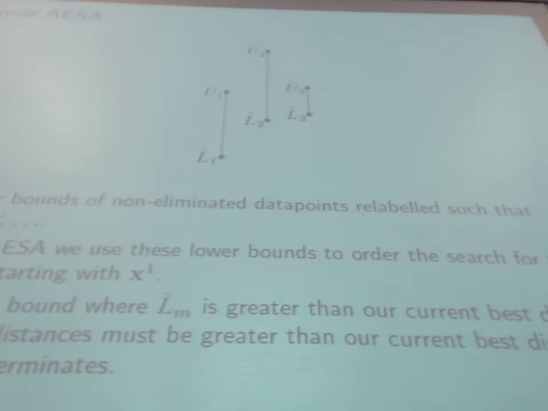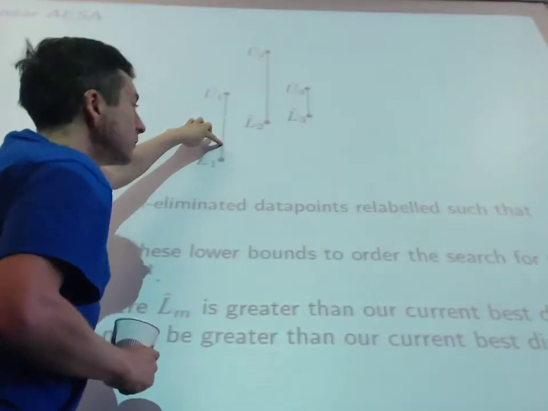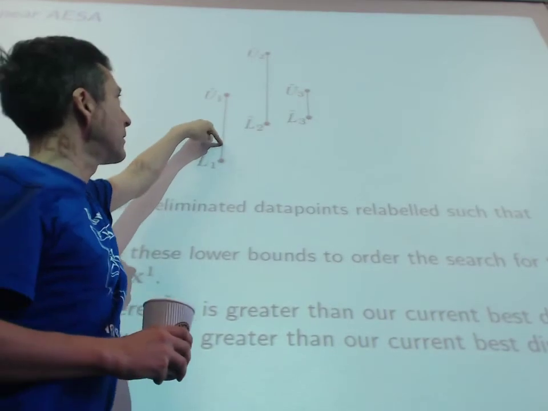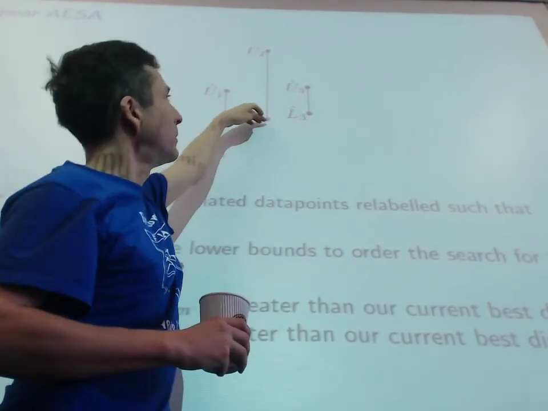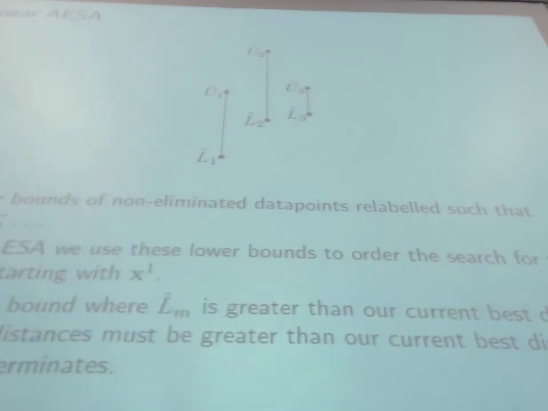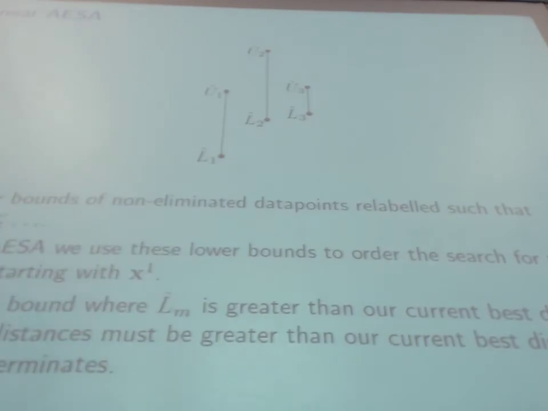And if that real distance is, say, here, like in ISA, you know then, because L2 and L3 start above that value, there's no way that these can possibly be closer than x1 in this case, and you're done. The algorithm terminates.